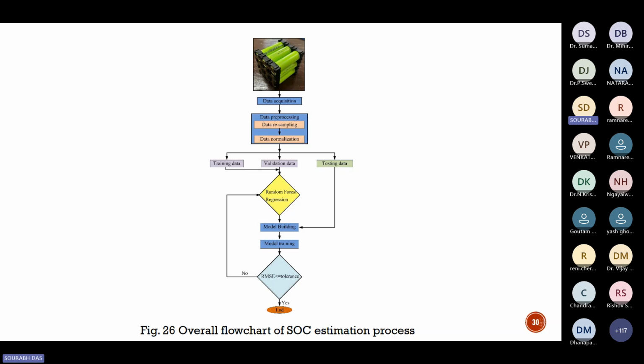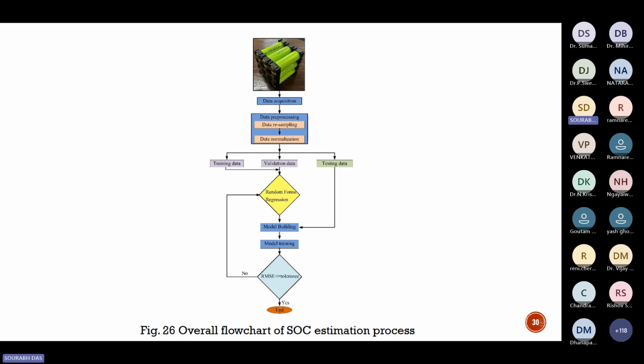So now we have to build a model by selecting features, choosing the model architecture, and hyperparameter configuration. After building the model, we have to train it. In model training, the selected algorithm learns from the training data, adjusting its internal parameters based on the input data.